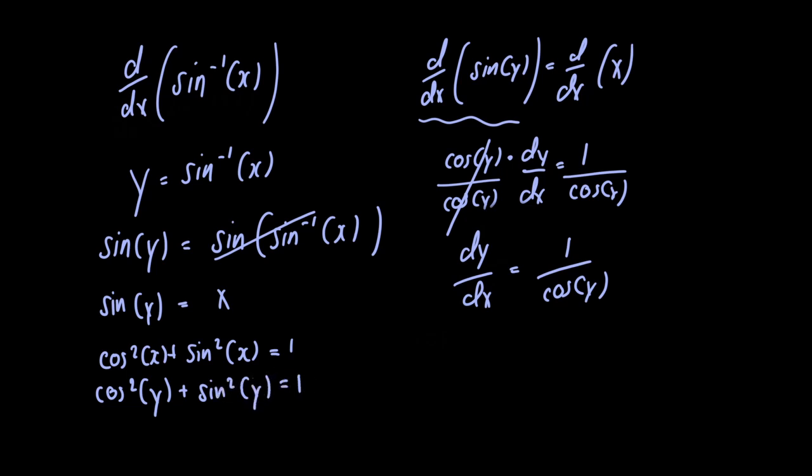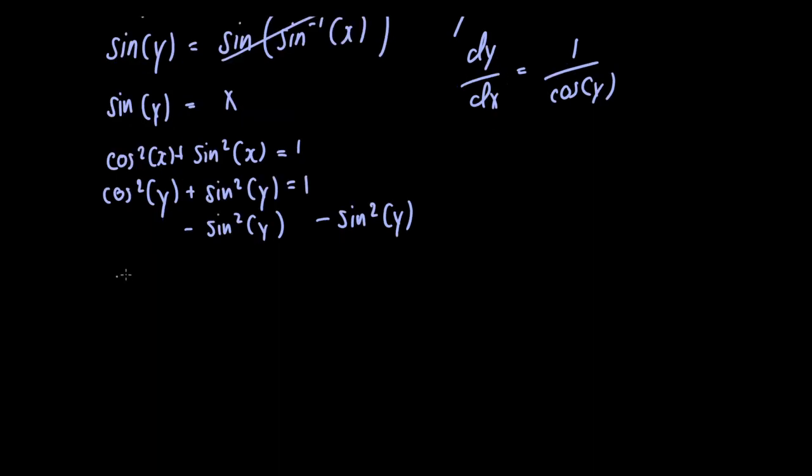Now we want to make cosine of y the subject of this equation, so let's solve for cosine of y. We're going to start by subtracting sine squared of y from both sides of the equation. And we now have cosine squared of y is equal to 1 minus sine squared of y.